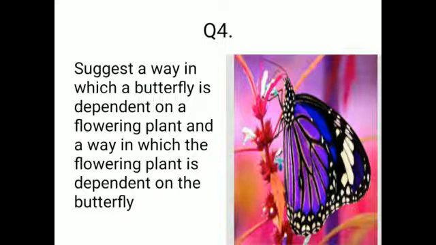So the butterfly is dependent on plants because it needs nectar, and plants are dependent on the butterfly because the butterfly is transferring pollen grains in search of its food.